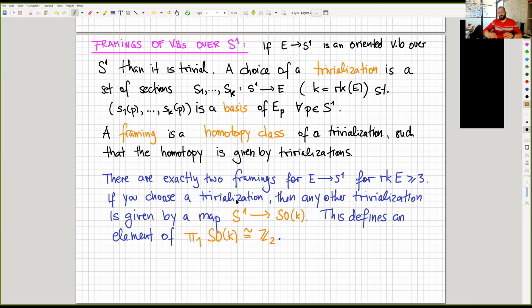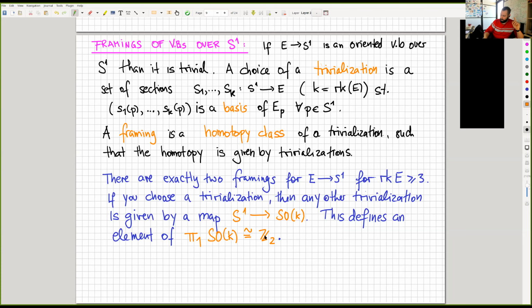And since everything needs only to be unique up to homotopy, it is enough to understand this homotopy class, and this group is just Z2. So if k is bigger than 3, this fundamental group of SOK is just Z2. This means there are exactly two framings of a vector bundle over S1.